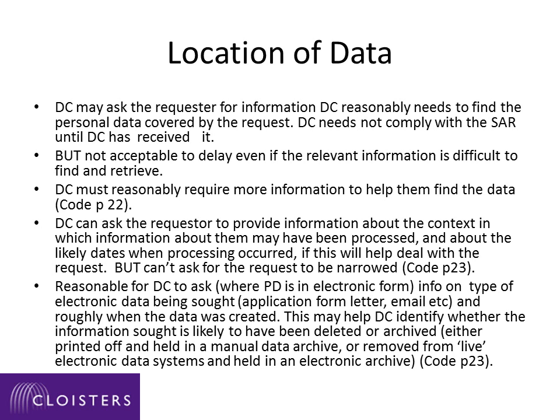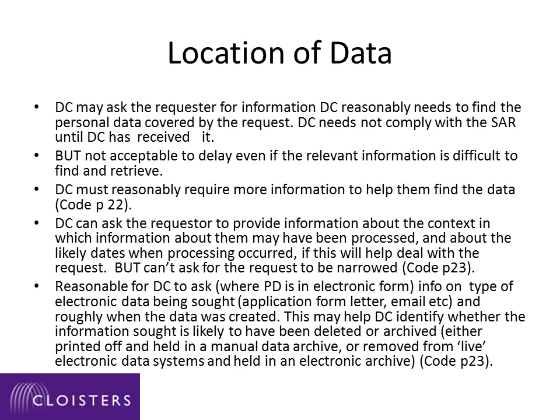However, you can't use that to delay compliance, even if the relevant information is difficult to find and retrieve. Secondly, the controller must be reasonably requiring the additional information to help them find the data.